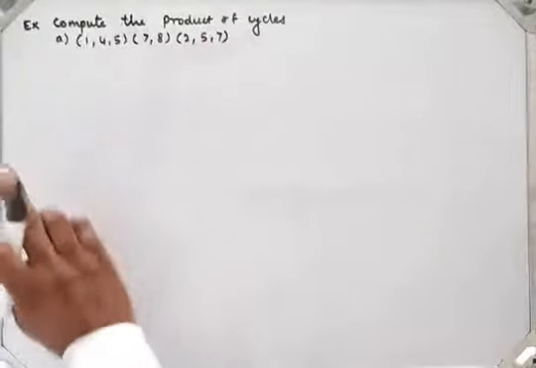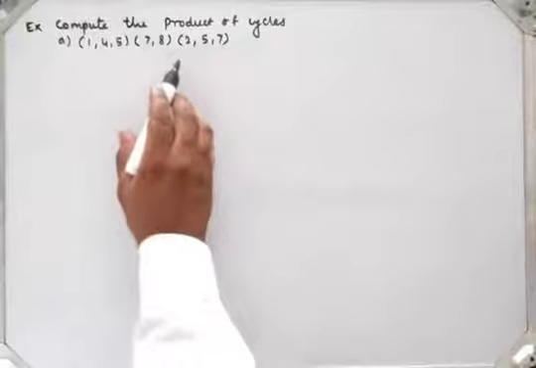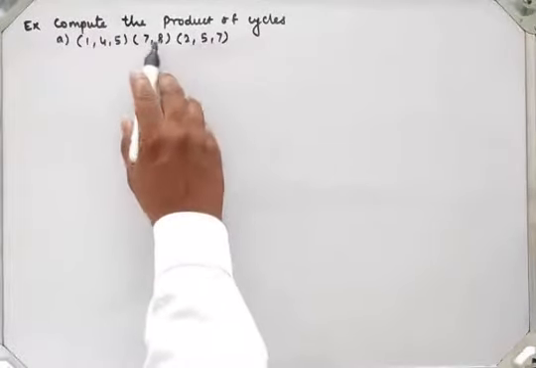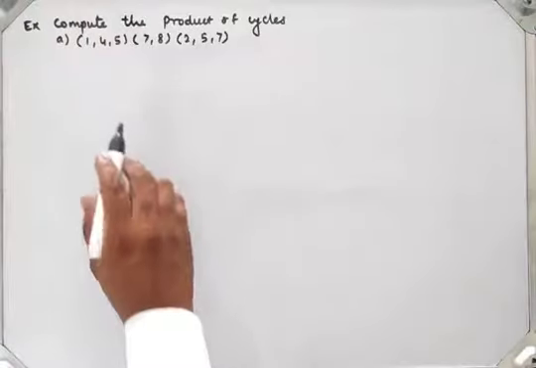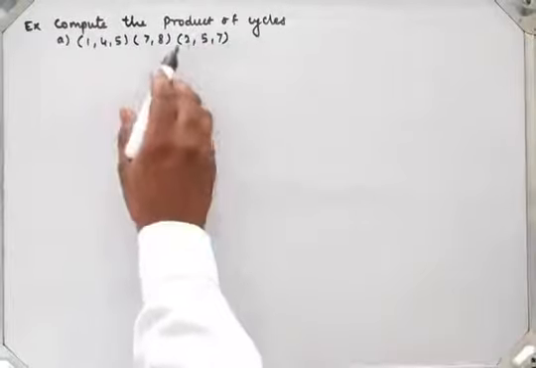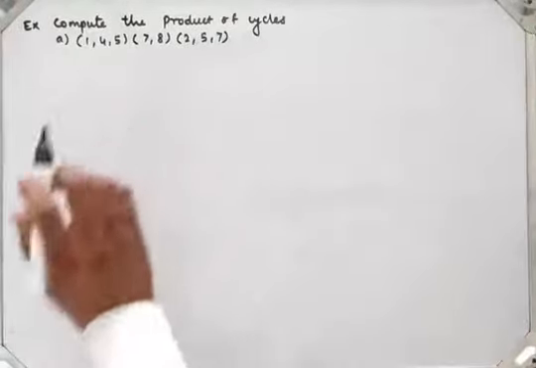So we have given 3 cycles which are not disjoint, because here is 5 and here is 5, here 7 and here 7. If we take any two, the intersection is not empty. So these are not disjoint cycles.